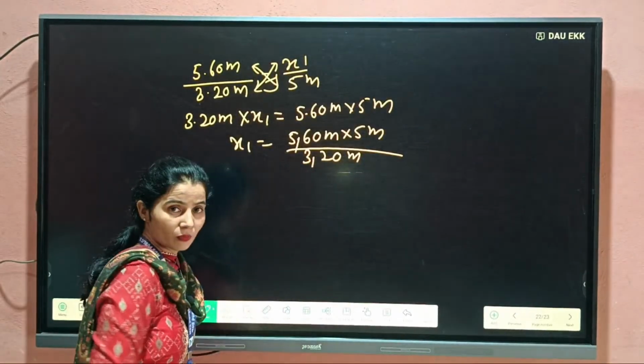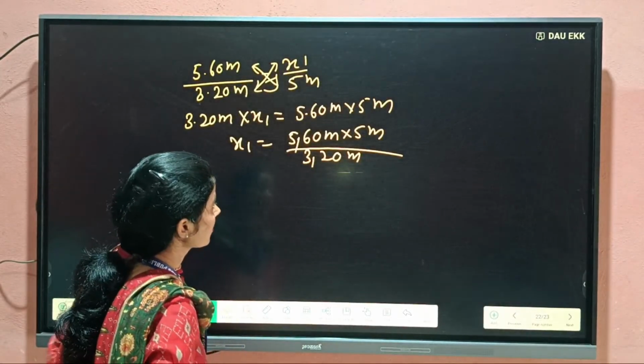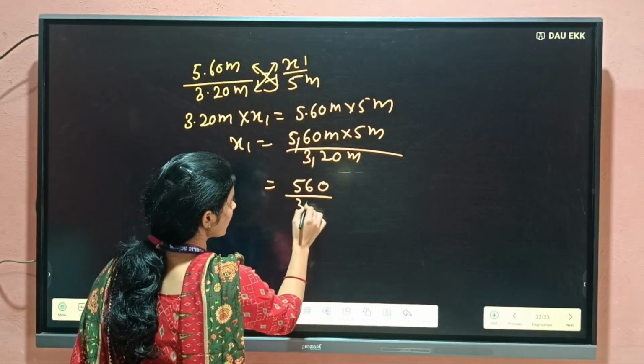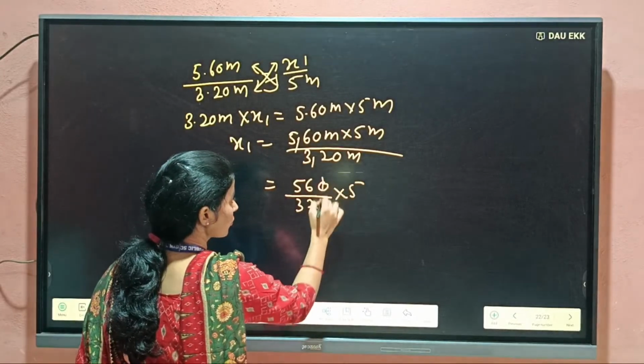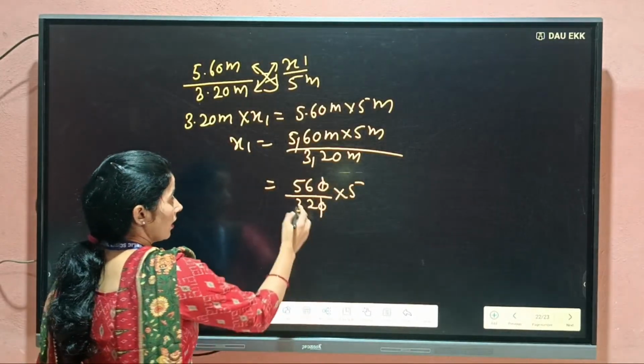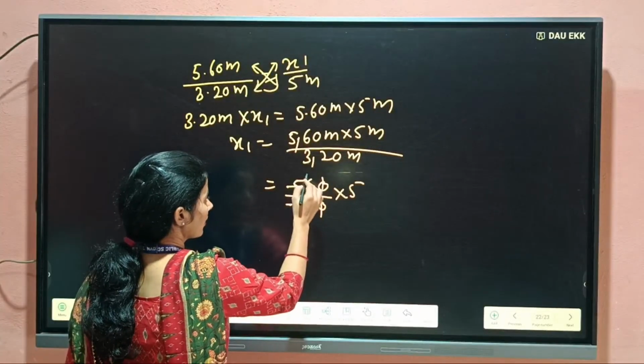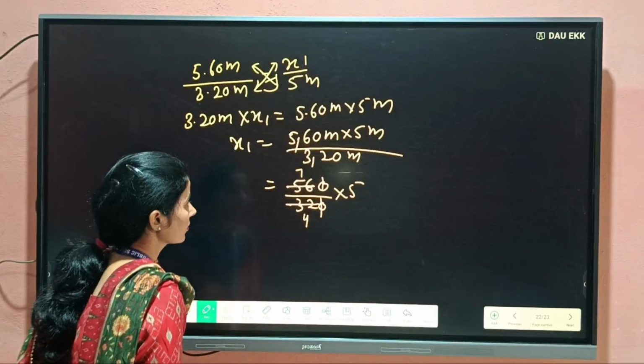Then numerator to denominator, these 100 to 100 will be cancelled. It will be 560 by 320 into 5. 10 to 10 will be cancelled. It is 8 4s are 32. 8 7s are 56.